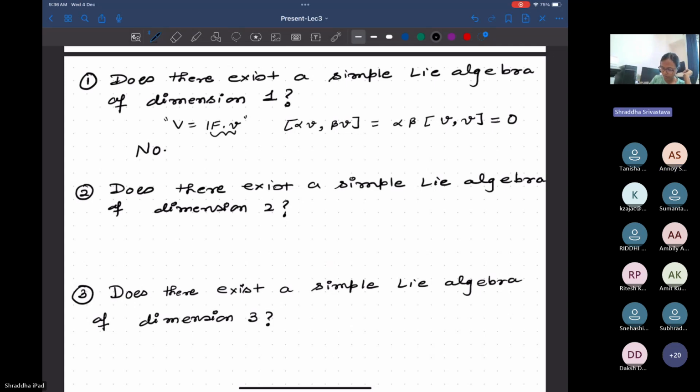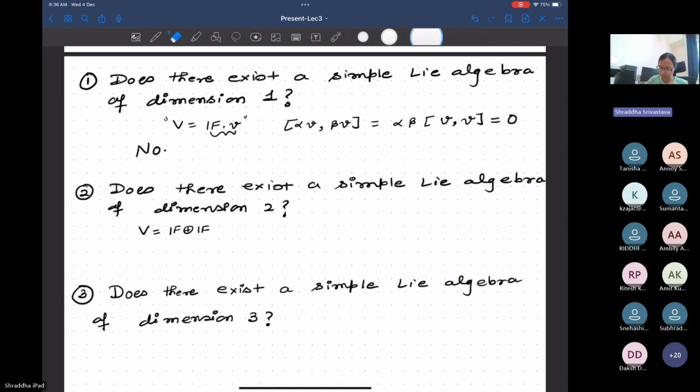F square. Okay, I guess what Anna is saying is that let's just take F direct sum F. This is just a two-dimensional vector space over a field, and up to isomorphism you can write this. And so what about the commutator? What are the possible commutators?